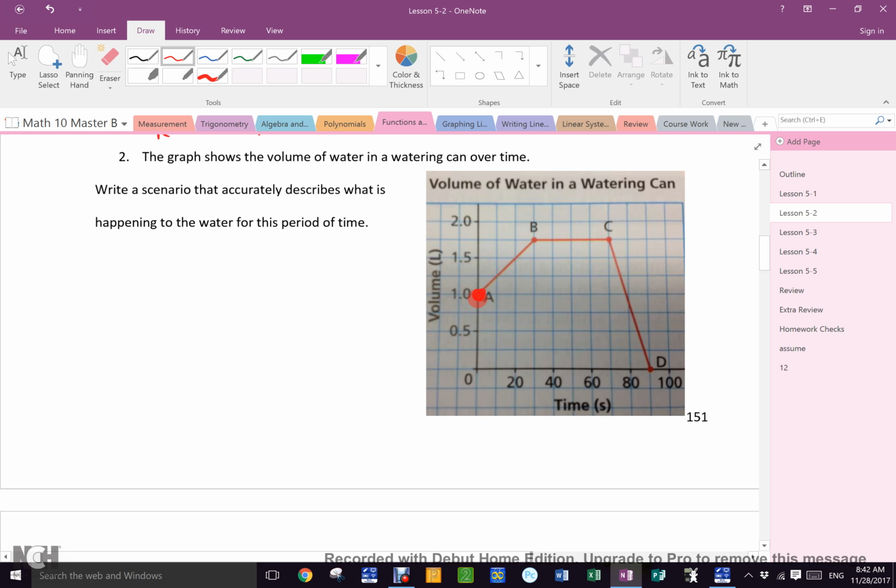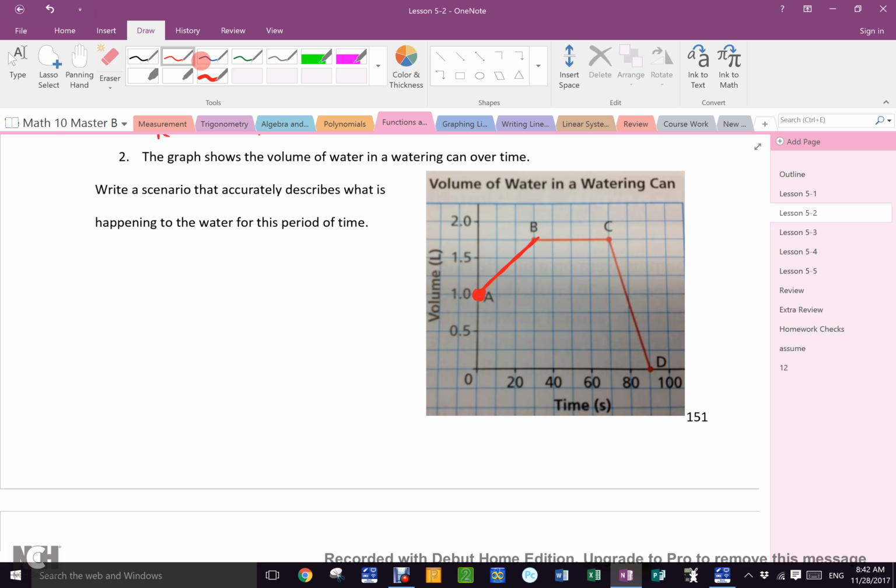It was half full, right? Yeah. Okay, and what does this tell me right here? It's filling up. Is it filling up quickly or slowly? Can you even answer that question? No, because you have nothing to compare it to, yes?